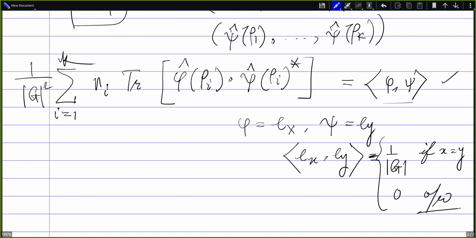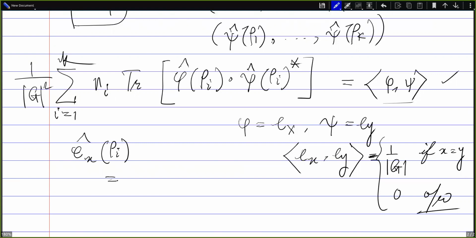All right. So now we will show that the left hand side also becomes this when phi equals e_x and psi equals e_y. The first observation is: what is e_x hat of rho_i? According to the definition, it will be the summation of e_x(g) rho_i(g), and unless g is x, the terms cannot survive.